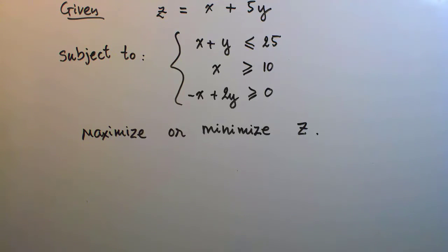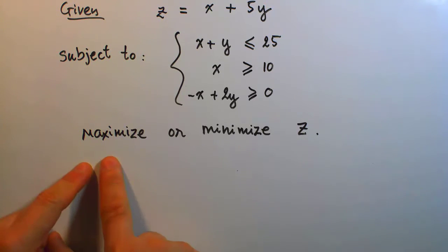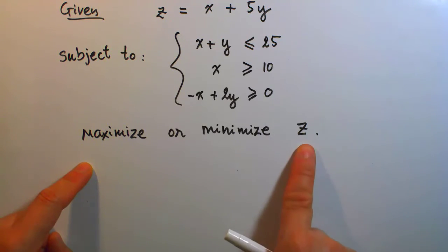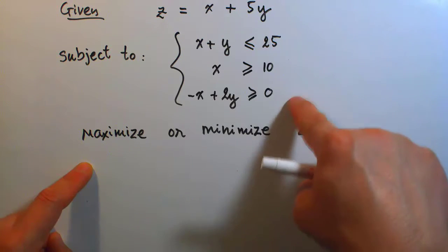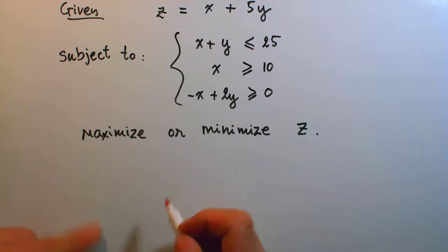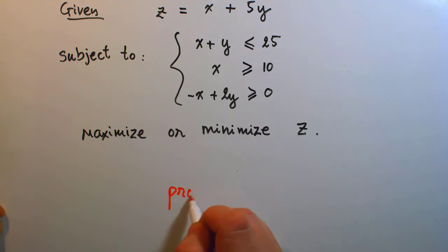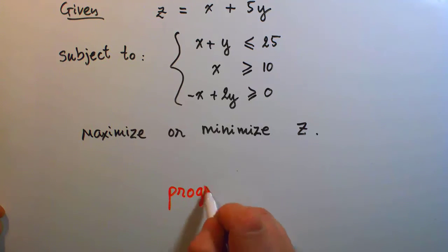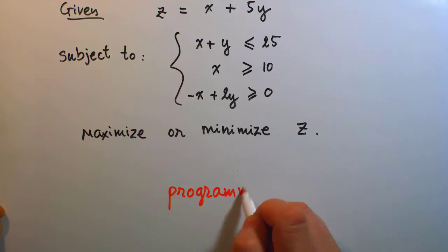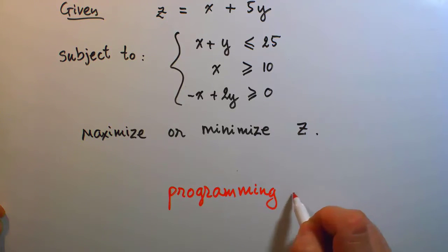And so the entire problem of either maximizing or minimizing the value of a given function based on its given constraints right here is referred to, in mathematics and especially business mathematics, as a programming problem.